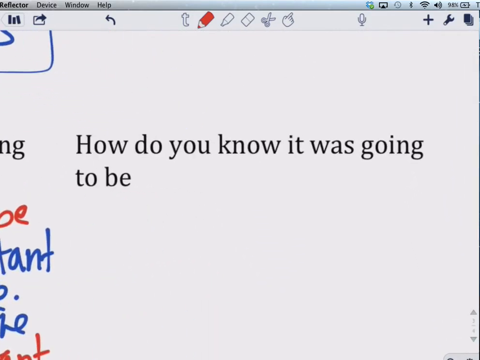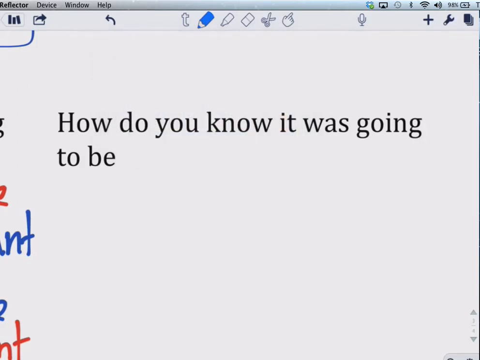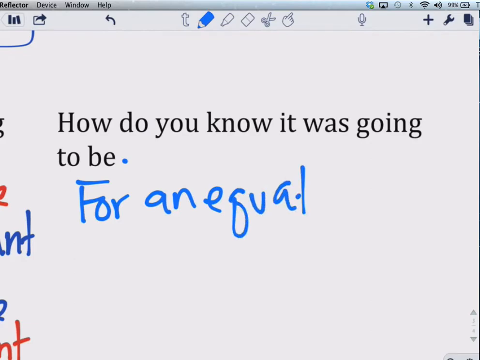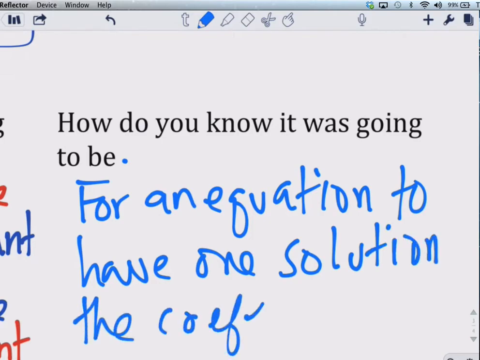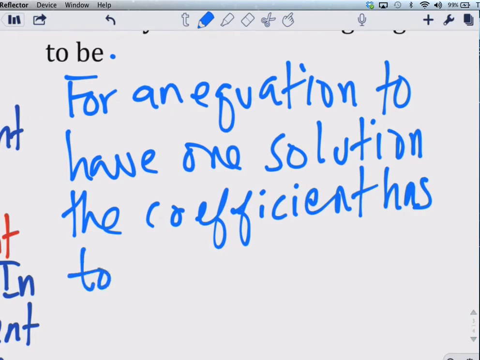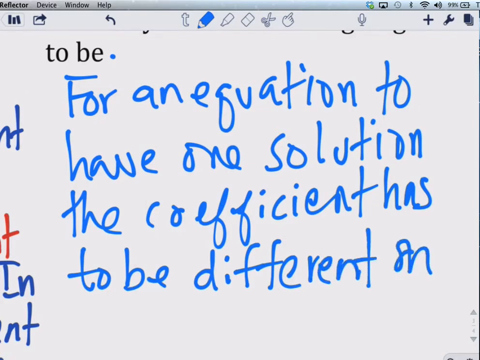How do you know it's going to be one solution? Oh, I missed that. For one solution, all you need to make sure of is that for an equation to have one solution, the coefficient has to be different on both sides.